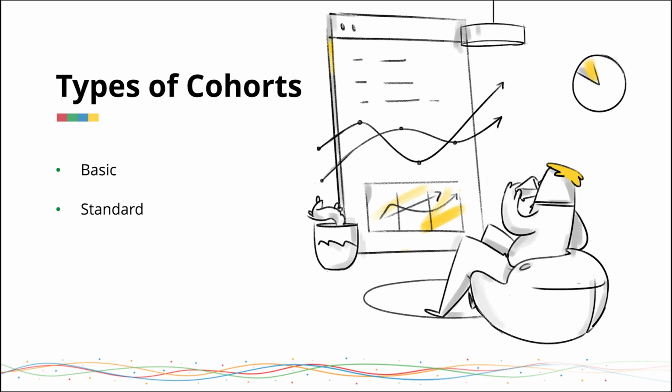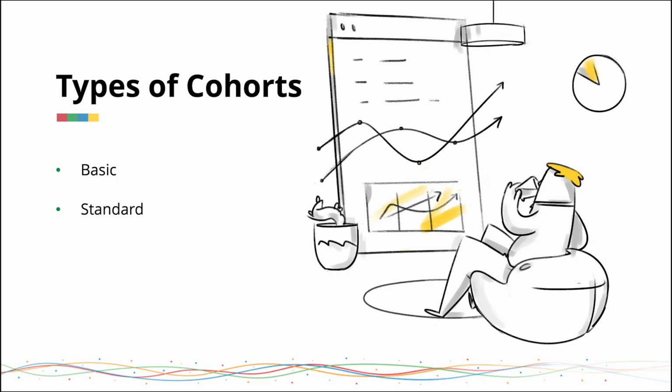Next, we have the standard type. Standard or segment-based cohorts help in understanding what your customers are looking for by leveraging deeper insights about a segment's interest, their buying pattern or behavior. This method uses a standard or a custom pick list field such as industry type, product category, lead source, lead status, and so on as the grouping parameter.